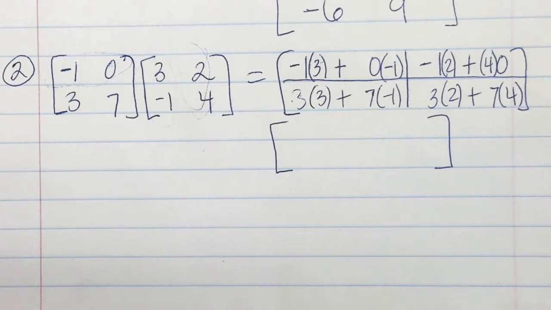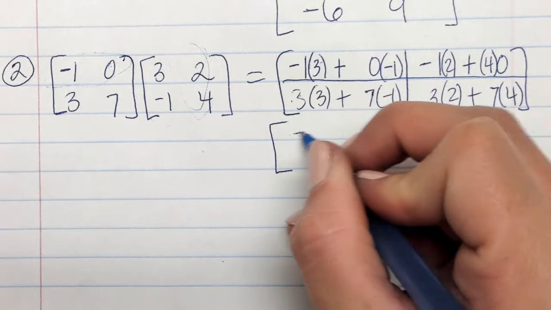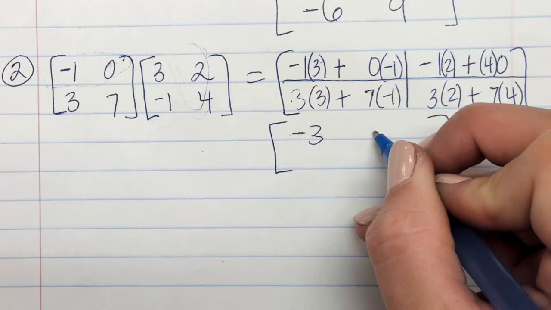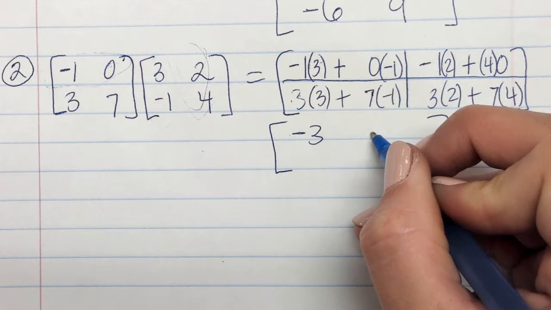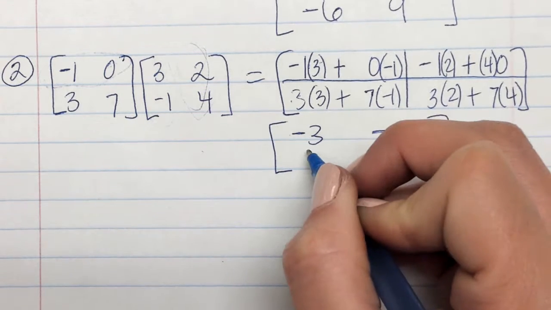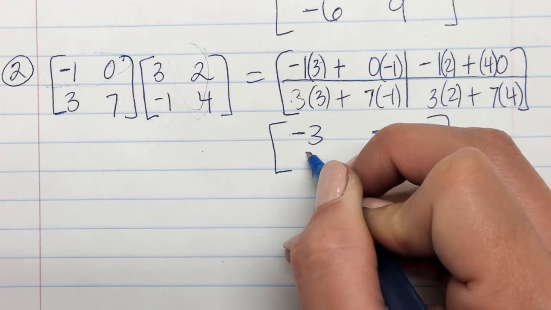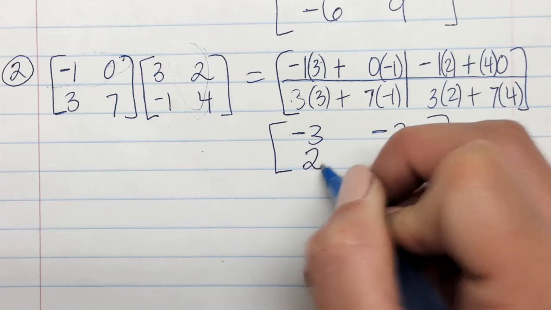Now let's just clean it up. So Amy, what's going to be this number right here? Alright, Caleb, next one. Good. Sid? Look at it one more time. Good.